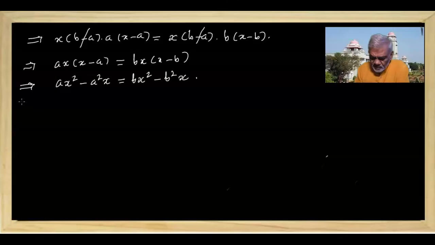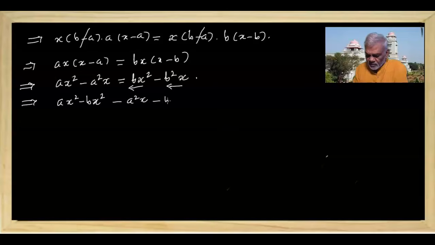And now we can see here, take this to the left hand side, ax square minus bx square and minus a square x, and take this to the left hand side, minus b square x is equal to 0.